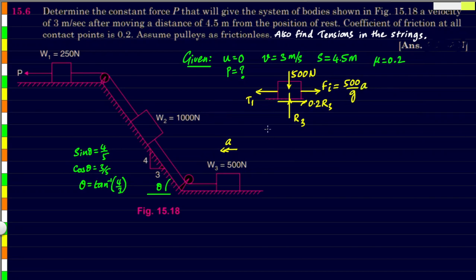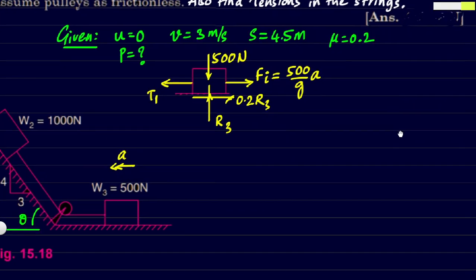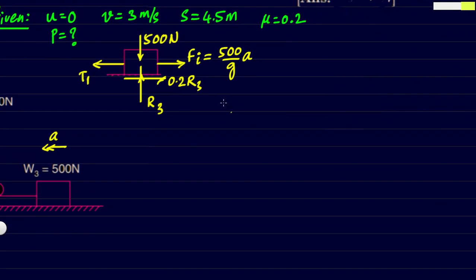Now, having taken all the forces along with the inertia force, we can apply the equations of equilibrium on this object. Let us start with sigma V, the summation of all the vertical components. R3 is acting upwards and the weight of 500 is acting downwards.